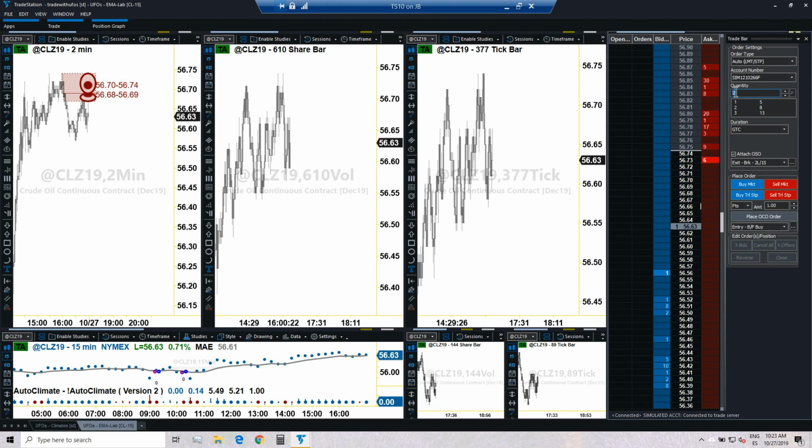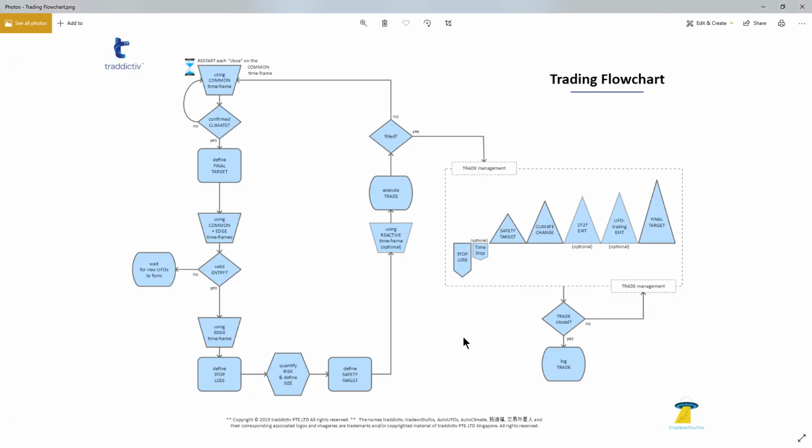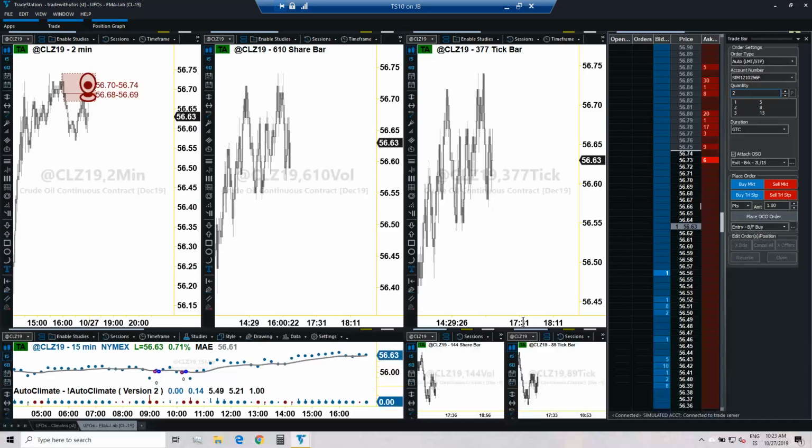So this would allow you to calculate the size and be able to adjust the quantity of contracts. Okay, good. What else? So now that you got the size, you would calculate the safety target. If you recall earlier when I was drawing the UFO here, I was pretending that the top of the UFO was 56.63 and the bottom 56.55.